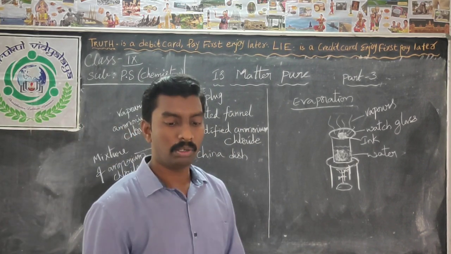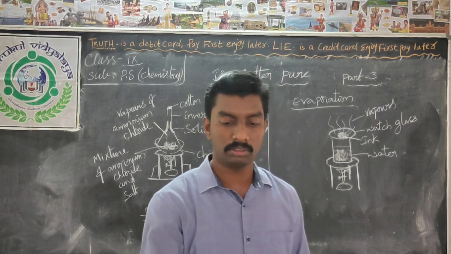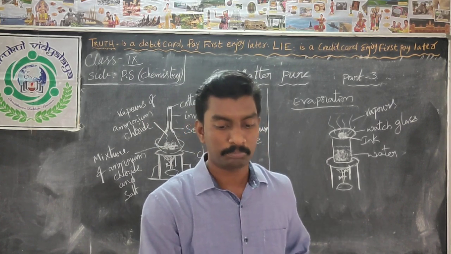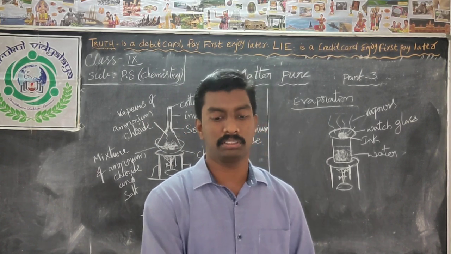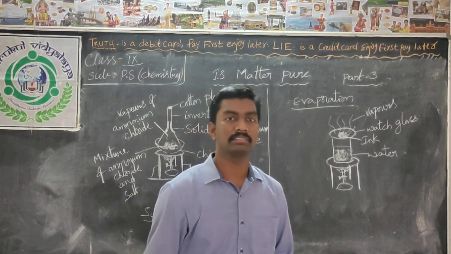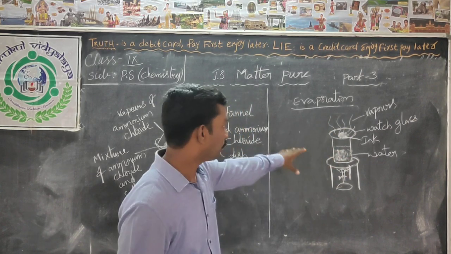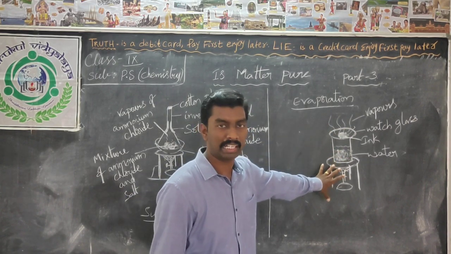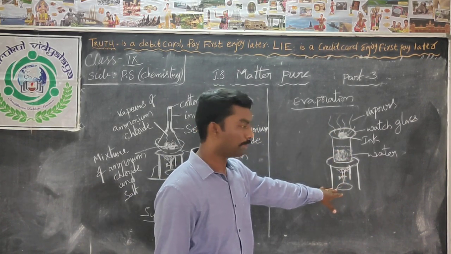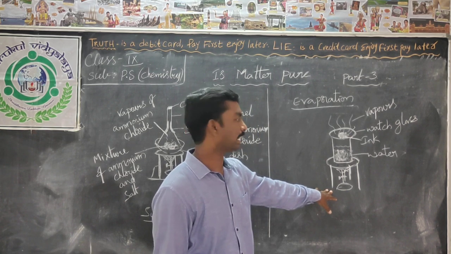Okay children, now we are going to understand evaporation, how to separate substances with the process of evaporation. What we are seeing here is the same way: one stand is there, and one burner is placed under the tripod stand.